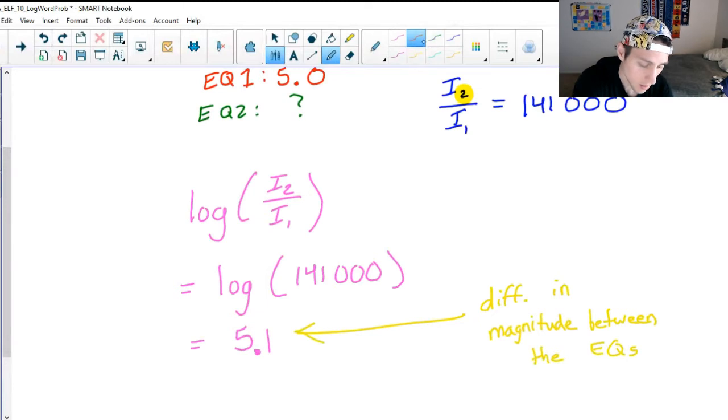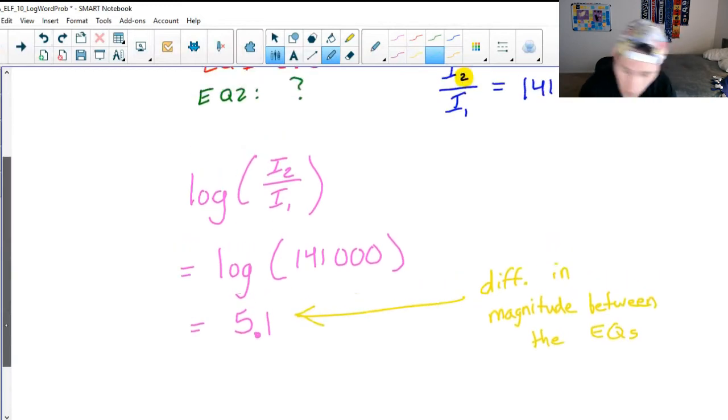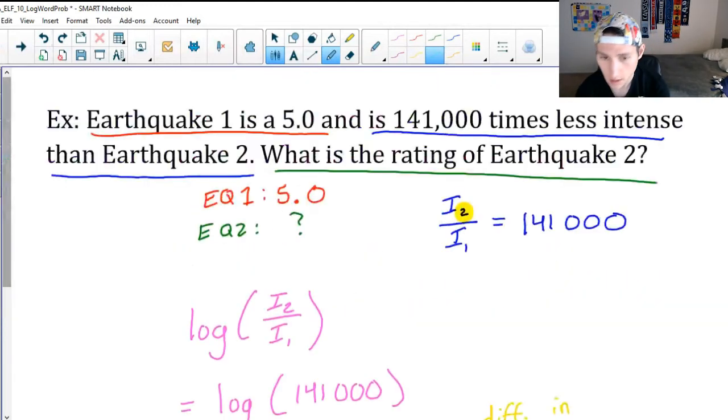So let's go back to our beginning and decide how we should do this. Earthquake 2 is the stronger earthquake, right? So starting from earthquake 1, which is a 5.0, should I add the 5.1? Should I subtract the 5.1? Well, first off, it shouldn't make sense to subtract, because then we would end up with a negative rating for an earthquake.